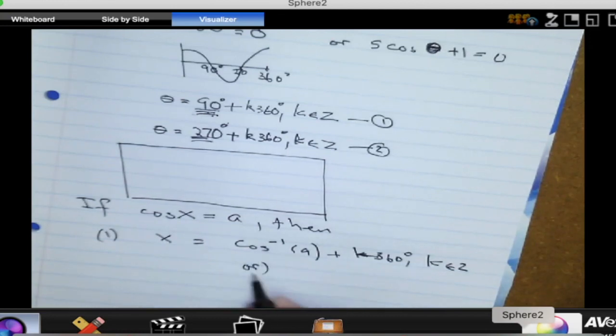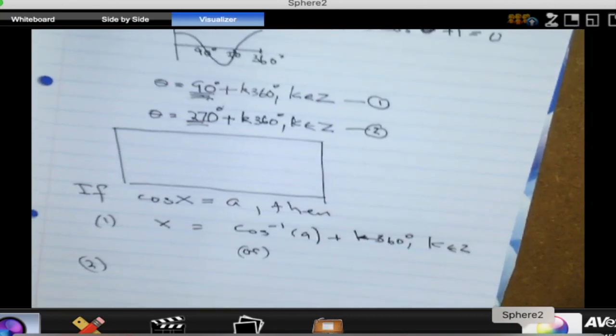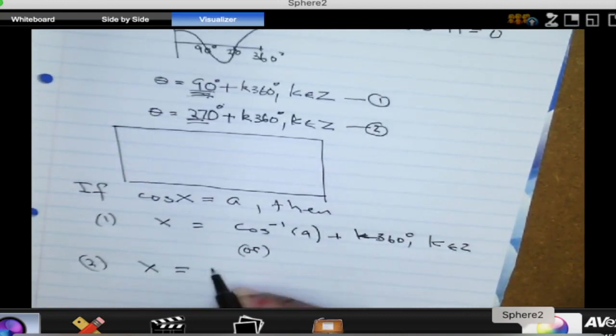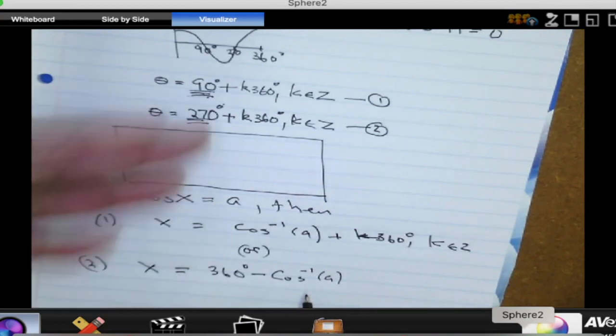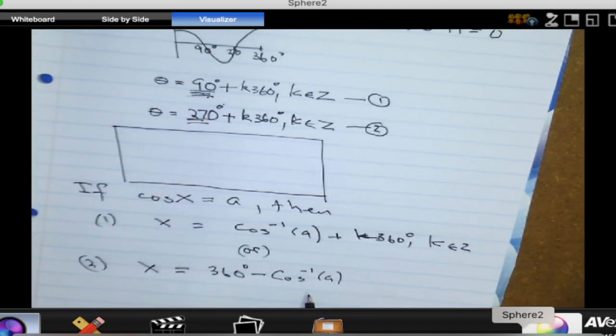So let's say or, number 2, x will be 360 degrees, subtract that angle, shift cosine of a. So subtract arc cosine of a, right? So that's another angle. So one of the angles was shift cos a. Then the other angle should be 360 subtract shift cosine of a. Obviously, to this angle also, you are free to add as many 360s as you want.